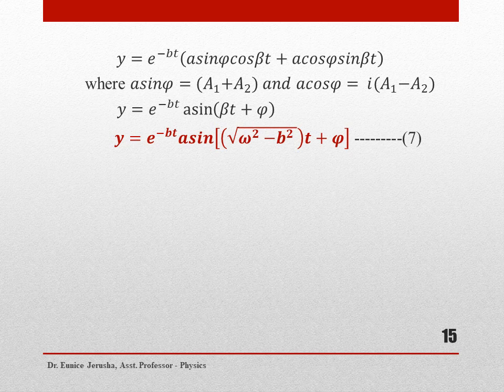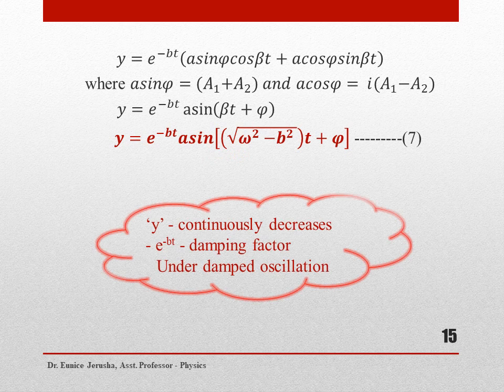It is observed from this equation we have two terms. One term is a rapidly decreasing e power minus bt term, and then we have an oscillating sine term. Therefore, y continuously decreases due to the presence of the damping factor e power minus bt, and the amplitude will vary from a e power minus bt to minus a e power minus bt.